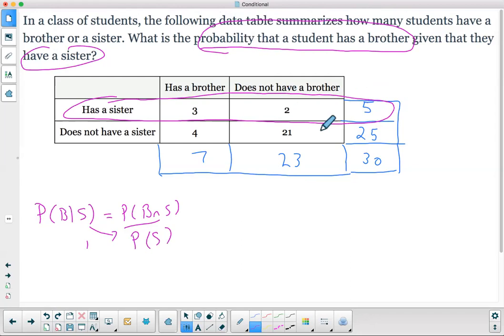Okay, so there would be 5 people total that raise their hands. And we'd say, okay, now keep your hand up if you have a brother. And 2 people would put their hands down, and 3 of them would keep their hands up. So this is this probability.